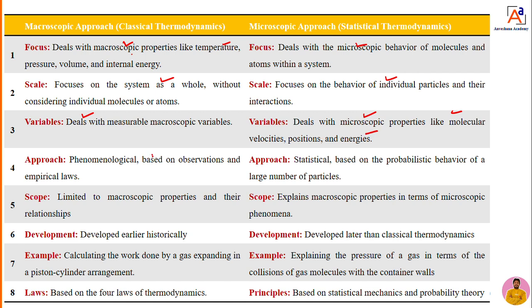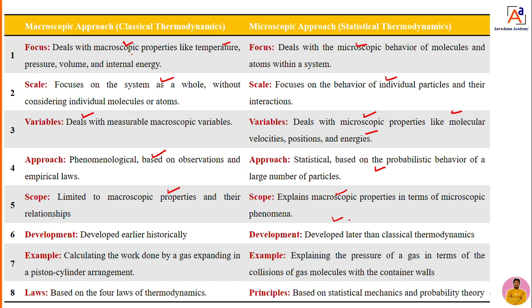Macroscopic is an observation-oriented approach, but microscopic is a statistical approach. Macroscopic is a simple one, and microscopic is complicated. Macroscopic uses simple empirical or mathematical equations for study, but microscopic uses statistical equations.